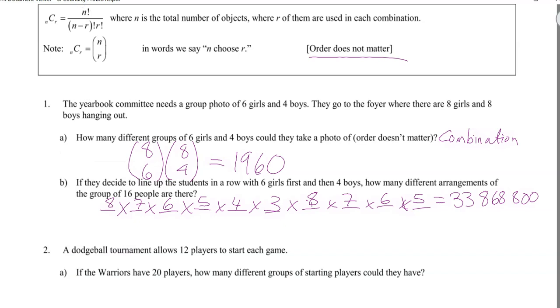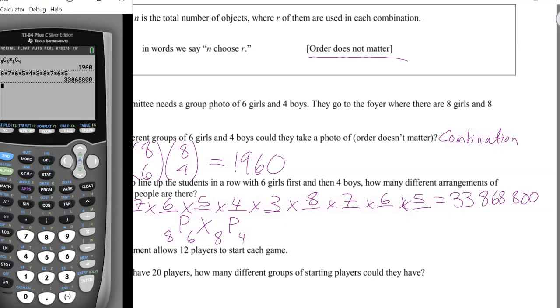Okay, so that's the fundamental counting principle, but also we could do 8P6. So there are 8 girls, we want all the arrangements of those 8 girls, and when you're in a row, you can tell them apart, times 8P4. Remember to go to math, over to probability, number 2, 8P6 times 8P4.